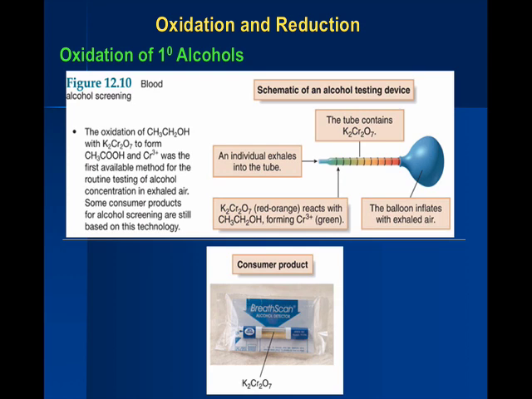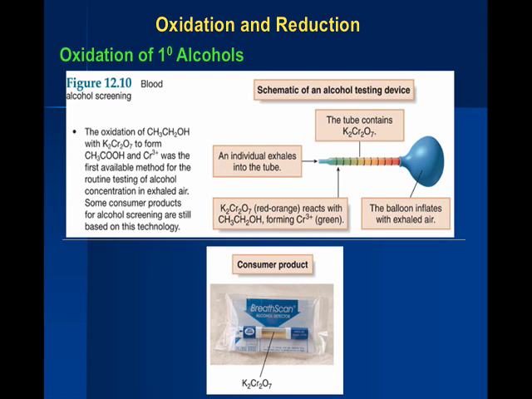Ethanol is a primary alcohol, and the chromium would oxidize that into the carboxylic acid. But as the alcohol is getting oxidized, what's happening to the chromium? It's getting reduced. Chromium is going from the orange +6 oxidation state to the green +3 oxidation state.